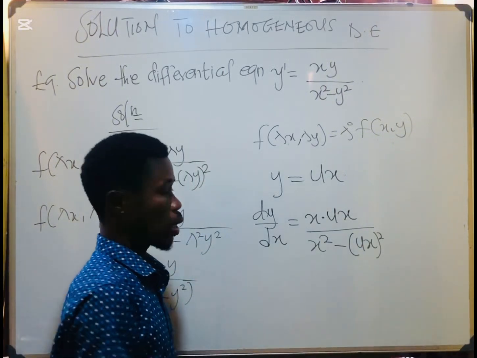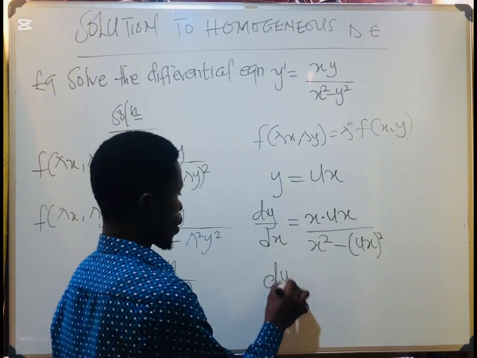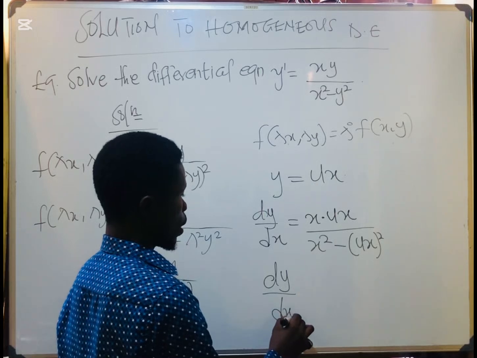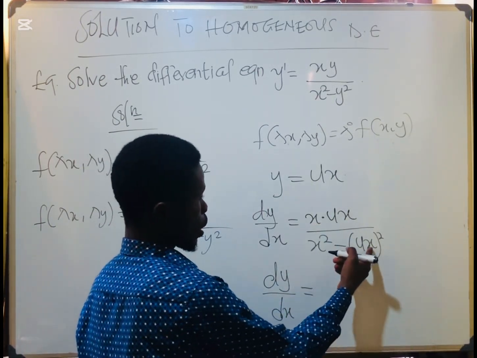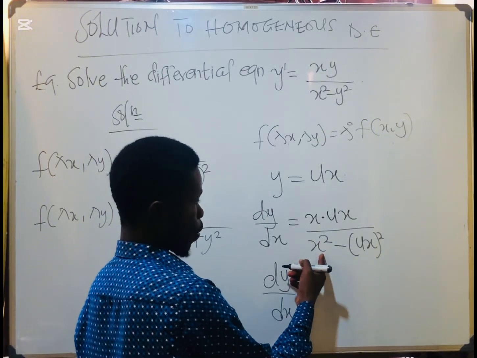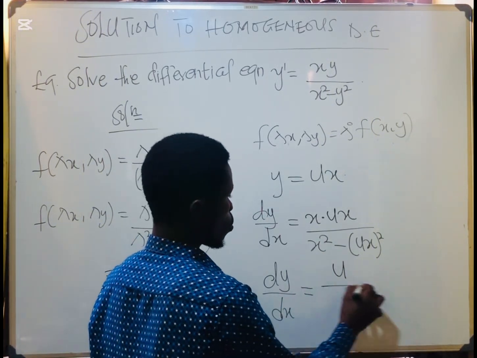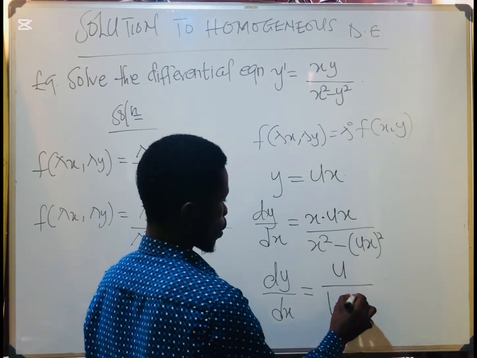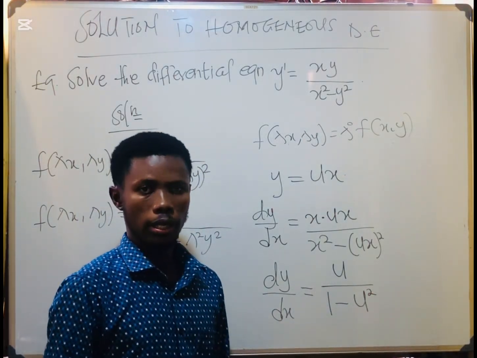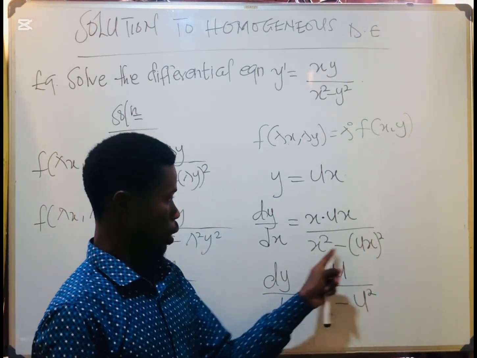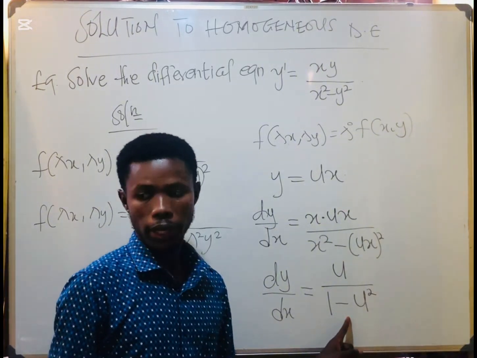Here I have x times x, which is x squared, so when I factorize it out, I have u over 1 minus u squared. You check: when you factorize out, this is what you get.